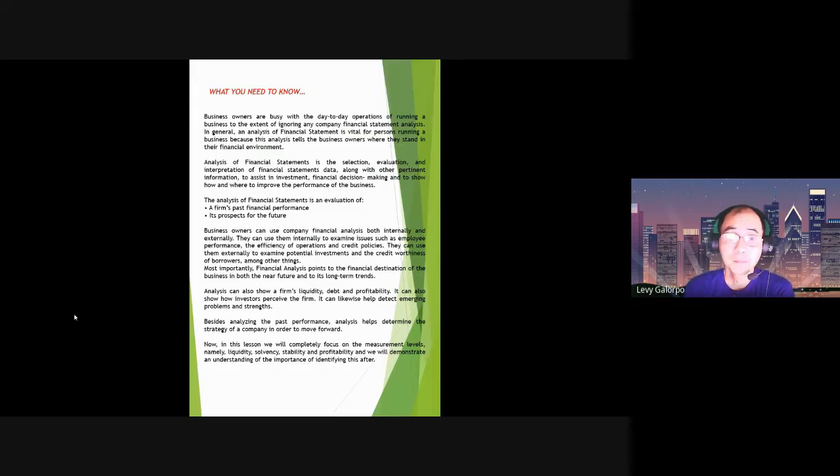Now, the analysis of financial statements is an evaluation of a firm's past financial performance at saka yung prospects for the future. Yung dati at yung inaharap. Ayan, no? So, ang financial statement analysis ay magagamit both internally and externally. Pag internally, ito yung sa mga employees, performance, efficiency of operations, and credit policies.